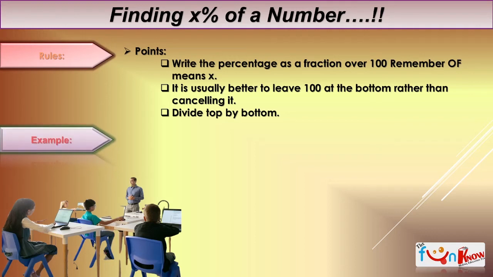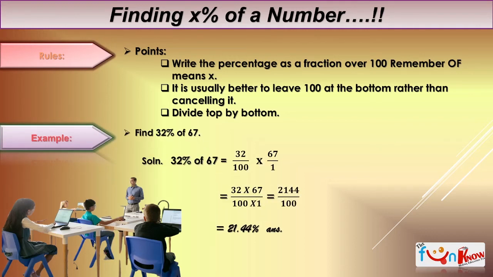Let's see with an example. 32% of 67. Here they have already given the percent, that is 32%, of a number, that is 67. So we are just writing 32 upon 100, times 67 upon 1. As we have been told not to cancel 100, we are just multiplying 32 into 67 and keeping 100 as it is.